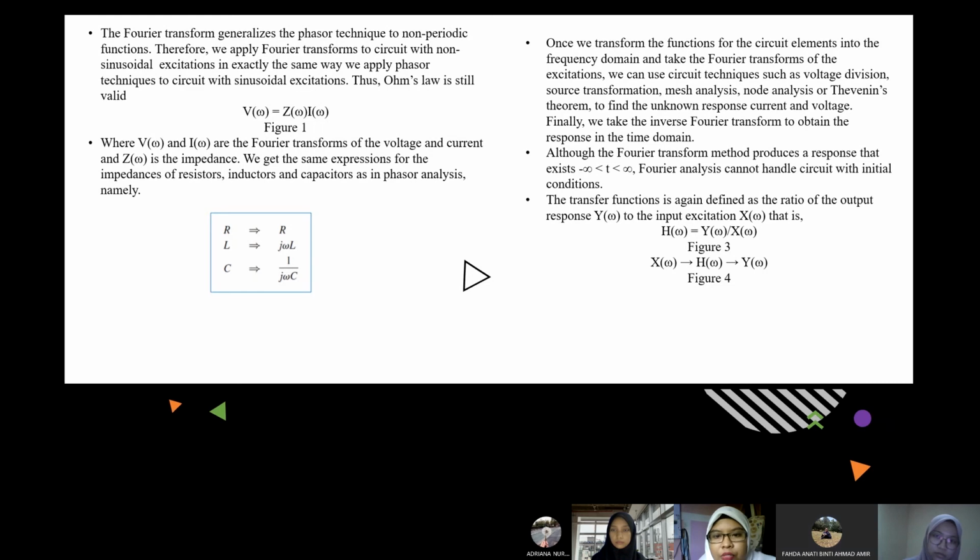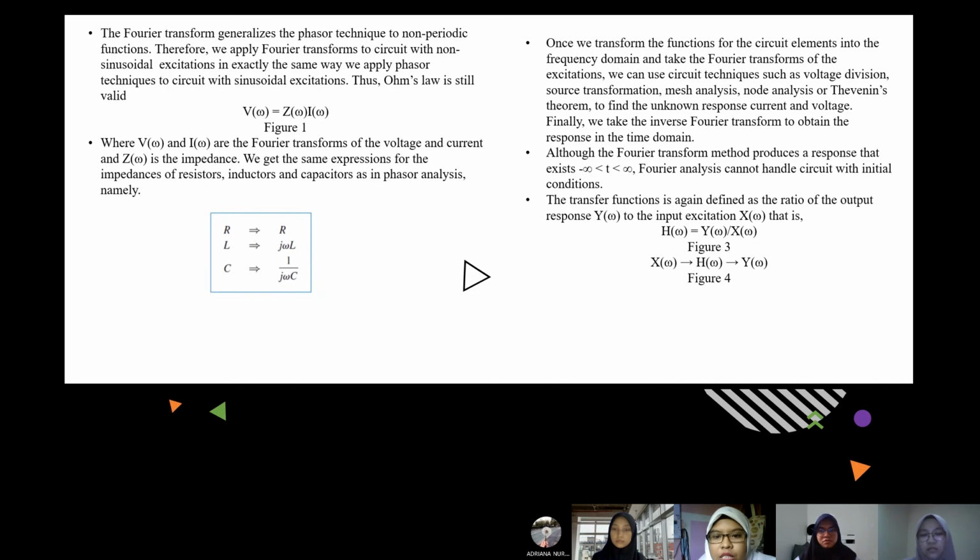With the Fourier transform of the excitations, we can use circuit techniques such as voltage division, source transformation, mesh analysis, node analysis, or Thevenin's theorem to find the unknown response, currents and voltages. Finally, we take the inverse Fourier transform to obtain the response in the time domain. Although the Fourier transform method produces a response that exists, Fourier analysis cannot handle circuits with initial conditions.